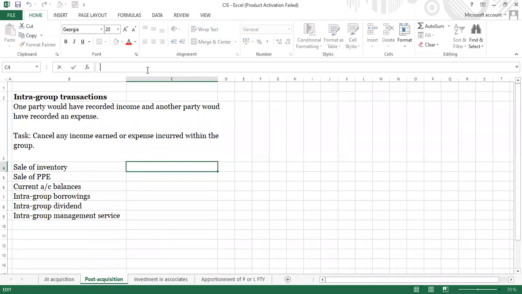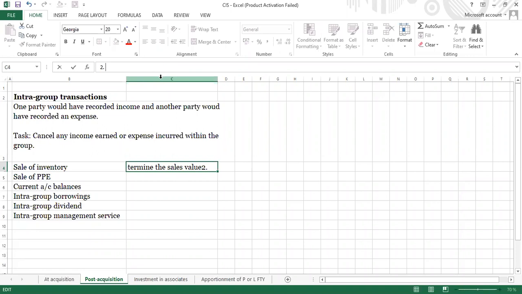The first thing you will do, remember that the seller would have earned revenue, that is the income, while the buyer would have incurred an expense. So the first thing you will do is determine the sales value. It will be given in the question. If it's not given in the question, you will have a clue for calculating it.